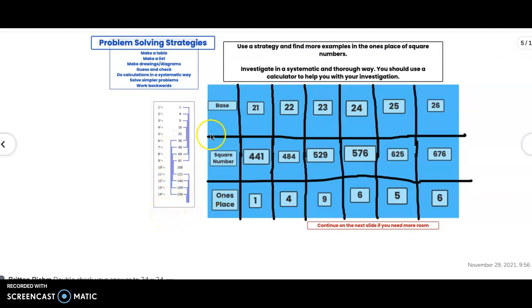And you can see that this person has listed really well the table row headings: the base, which is the number on the bottom here, and then the square number, and then the results of the squared numbers, and then they've listed the ones place here. Since this investigation is about finding a pattern in the ones place, this is a really good example of how to investigate and focus on the ones place.